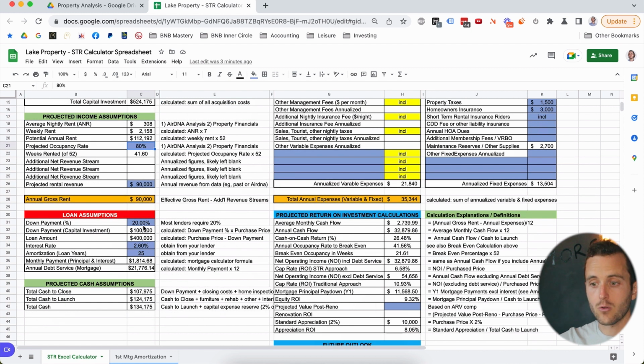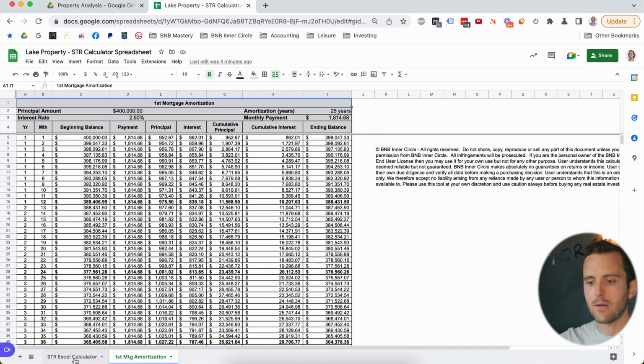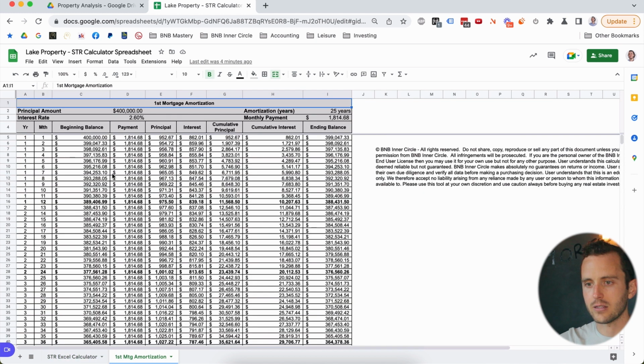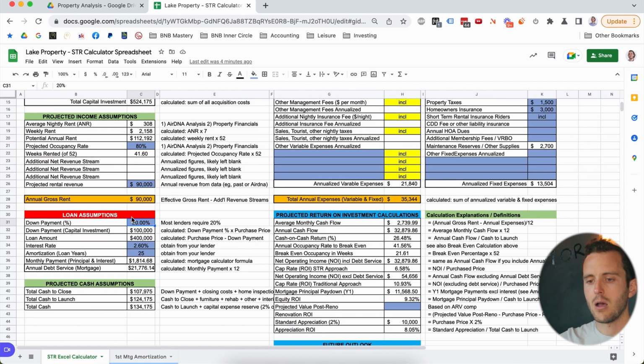And then you get to put in your loan assumptions, which is really cool. There's an amortization table attached to this that breaks down the total mortgage value. So with 20% down, you'll see it automatically calculates that the principal amount on the mortgage is going to be $400,000, which is the $500,000 purchase price minus the $100,000 down payment.